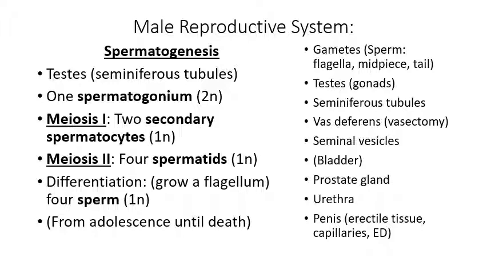Okay, so as I mentioned, spermatogenesis, the word genesis means the origin of or the beginning of, so spermatogenesis means the source of the spermatozoa. So what you do is you start out with one diploid cell called a spermatogonium, which is located on the periphery of the seminiferous tubule, and when it wants to replace itself to make sure that you can keep on making sperm, it divides the normal way, which is called mitosis.